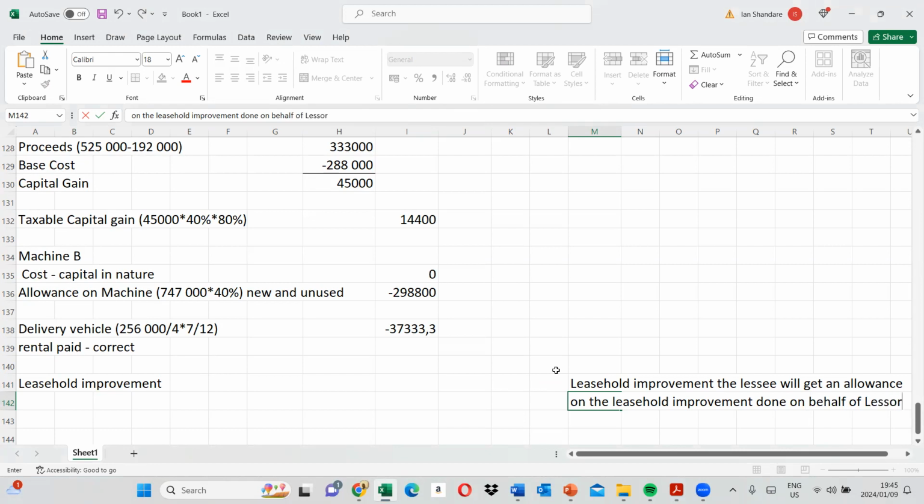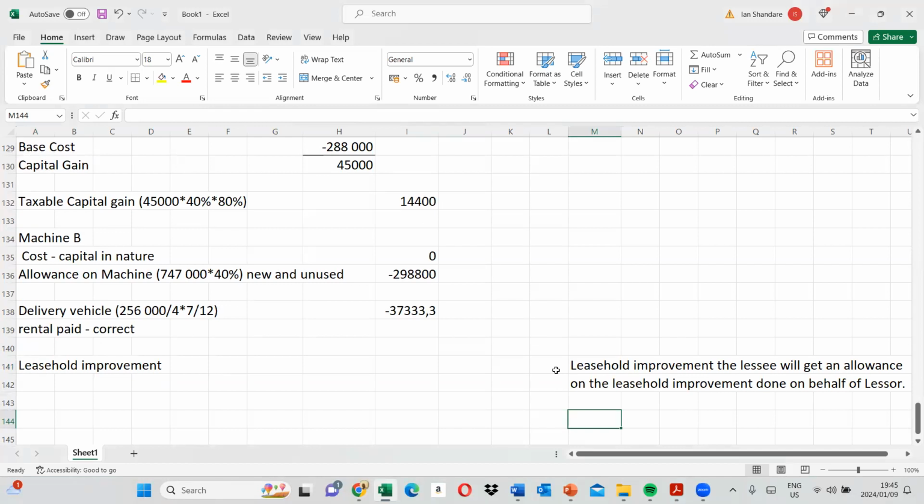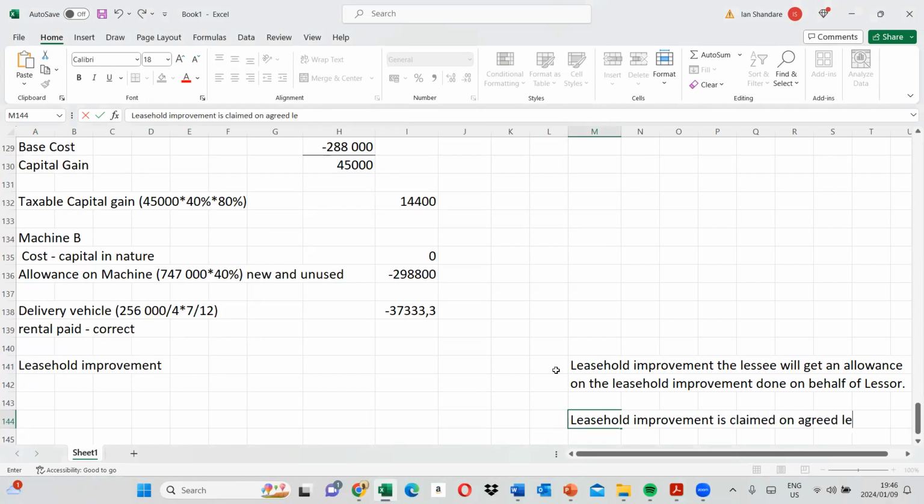So if you are a tenant and you carry out an improvement on behalf of the lessor, the standard states that you're going to claim allowance in regards to the leasehold improvement. But what is the allowance going to be claimed on? Leasehold improvement is claimed on the agreed lease amount.